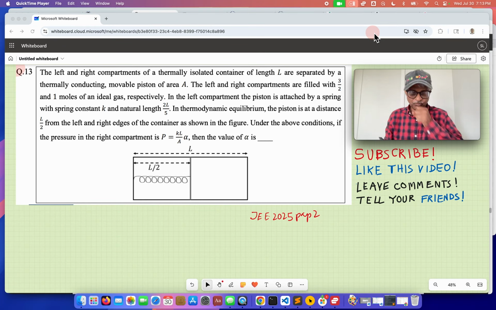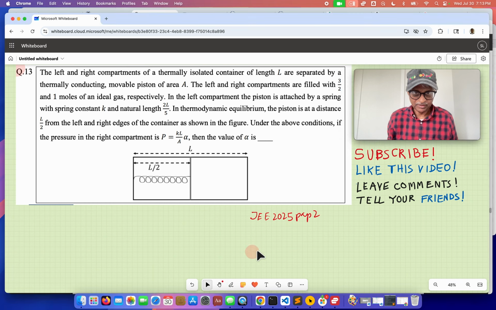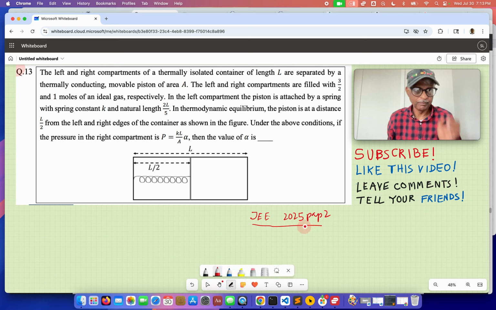So we are doing the paper 2 from this year's JEE, and this is question number 13. Question 13 is a really interesting one.